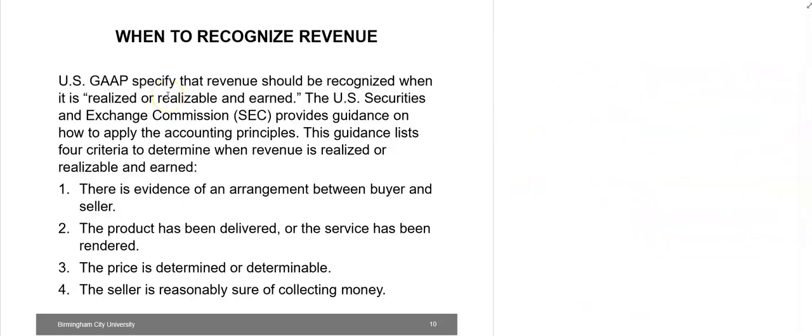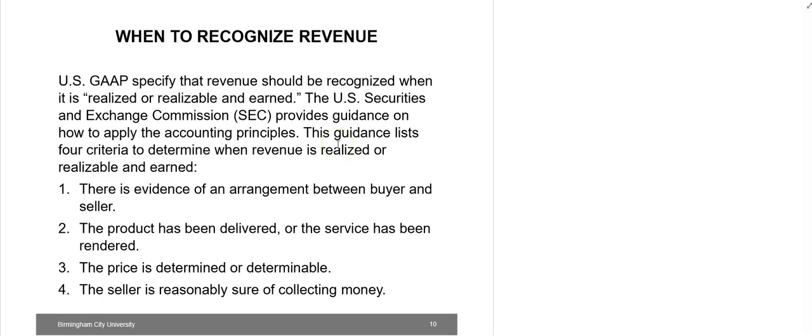In the case of the US GAAP, before the convergence standards in 2014, the US GAAP used to specify that revenue should be recognized when it is realized or realizable and earned. The US Securities and Exchange Commission provided the guidelines on how to apply this accounting principle.